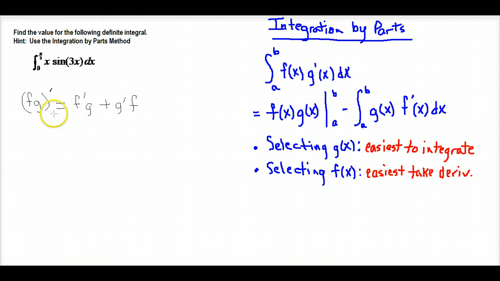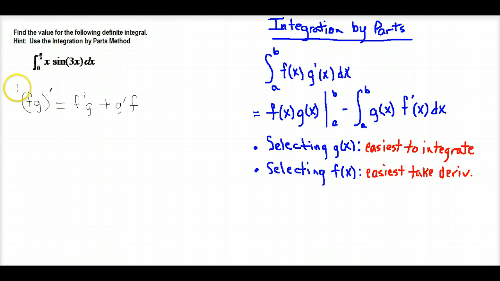If instead of going forward from having the product of two functions and taking the derivative of it, let's say we wanted to do integration. In other words, we want to go backwards.